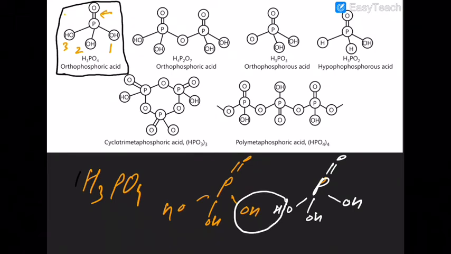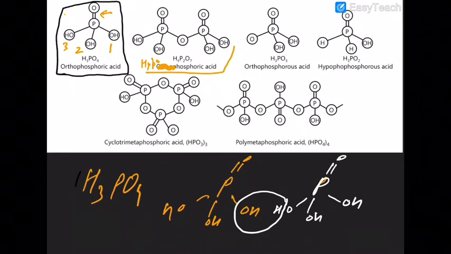You are able to get the ortho, or you can say pyrophosphoric acid. Is it pyrophosphoric acid? That is written wrong here. That is pyrophosphoric acid. So that is hypophosphoric. It is hypophosphoric acid.